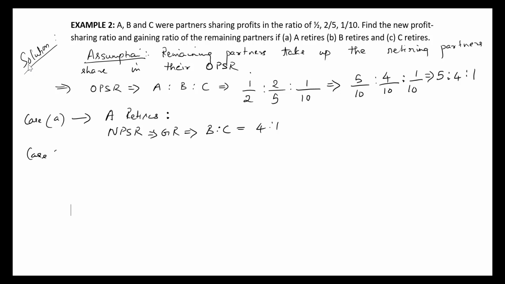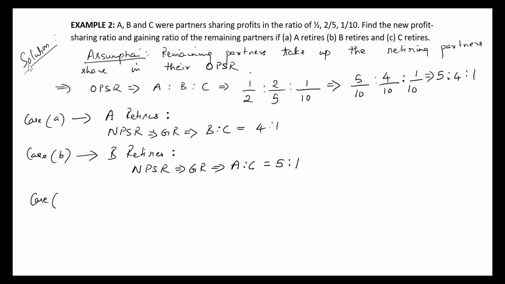Case B, when B retires, the new profit sharing ratio as well as the gaining ratio between A and C will be equal to 5 is to 1.